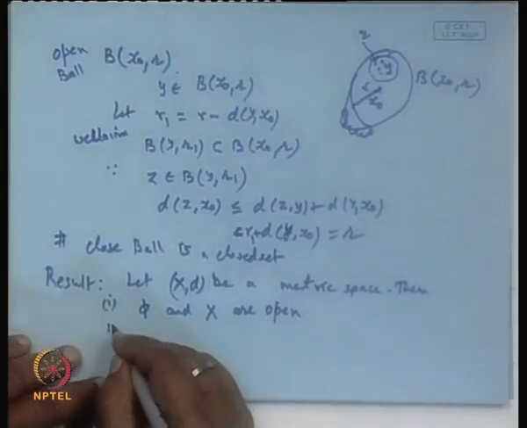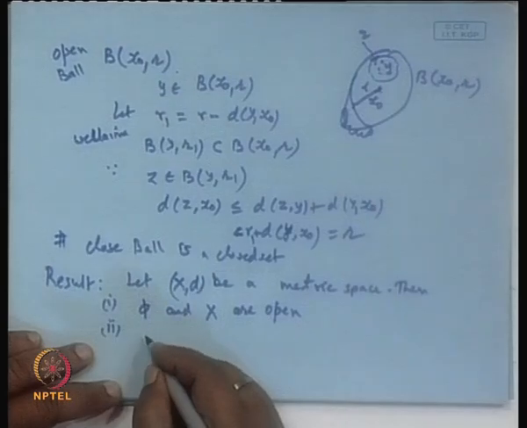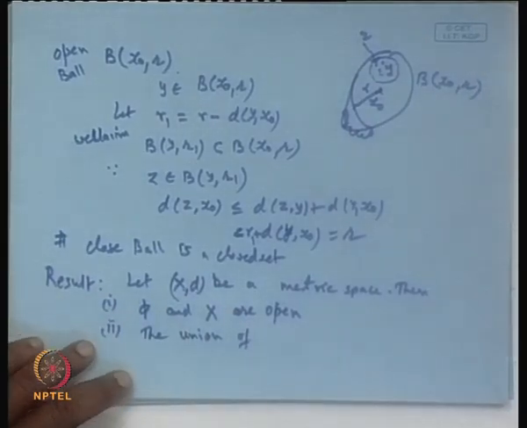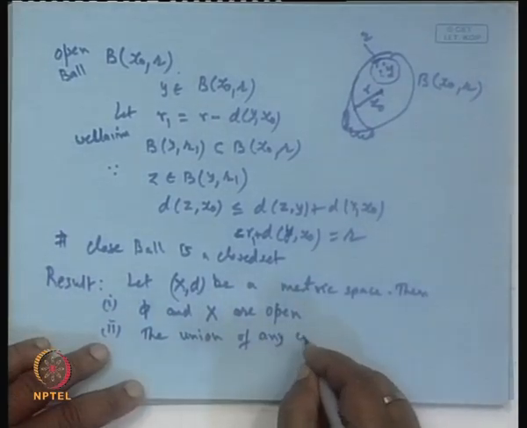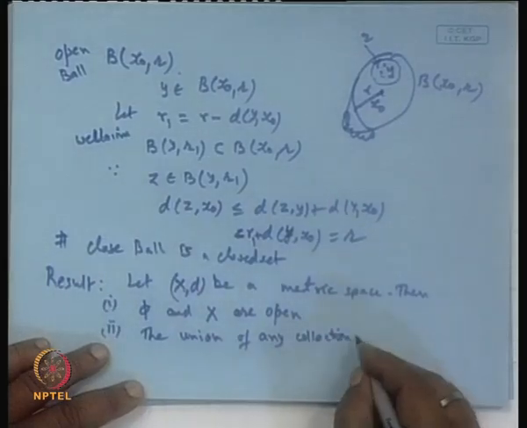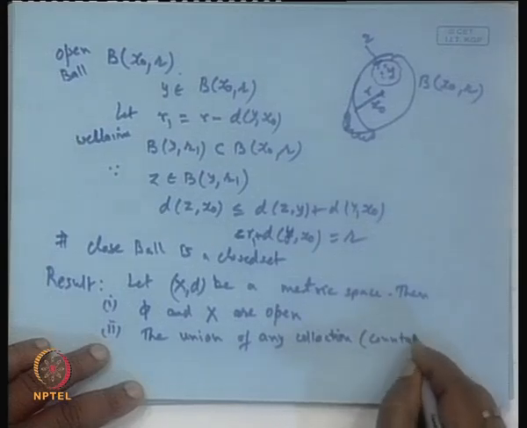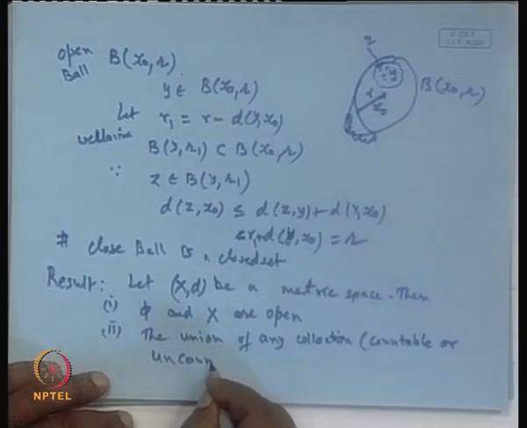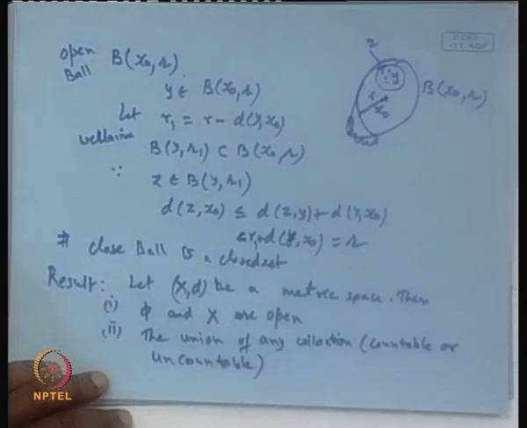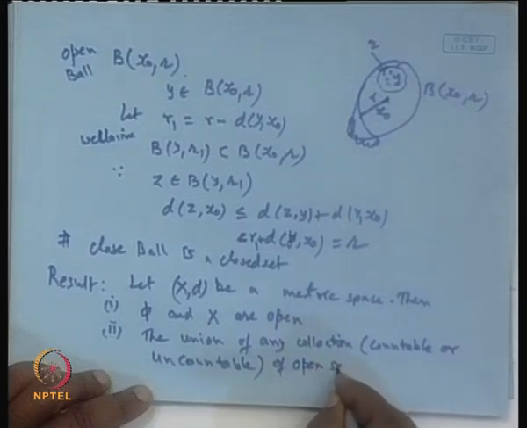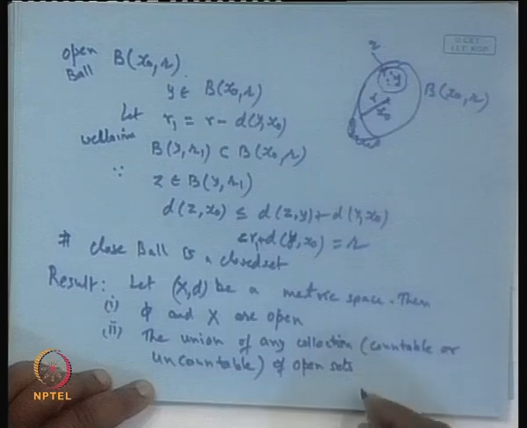Second, the union of any collection, whether it is countable or uncountable, of open sets is open.